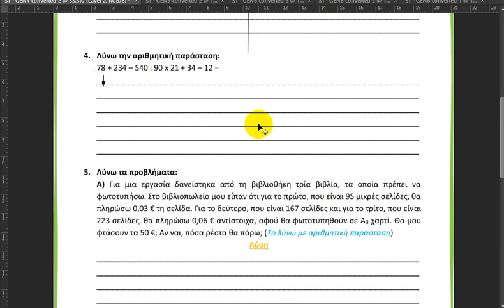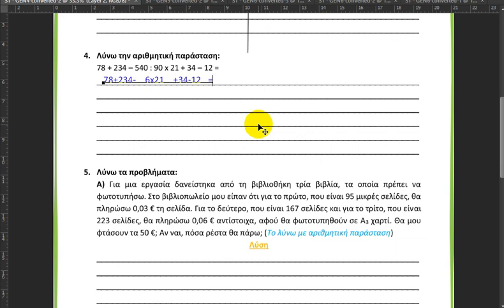All right, we have 78 plus 234 minus 540 divided by 90 times 20 plus 34 minus 12. 78 plus 234 minus 6 times 21 plus 34 minus 12.